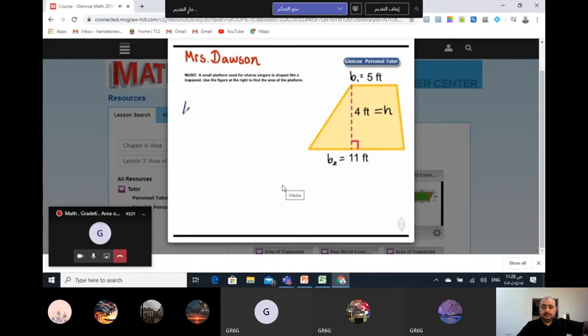The formula to find the area of a trapezoid is 1/2 times the height times the sum of the bases. Now, notice that I called my bases B sub 1 for base 1 and B sub 2 for base 2. So we'll call this one A and this one B for use in our formula. So the area is 1/2 multiplied by the height. In this case, the height was 4.